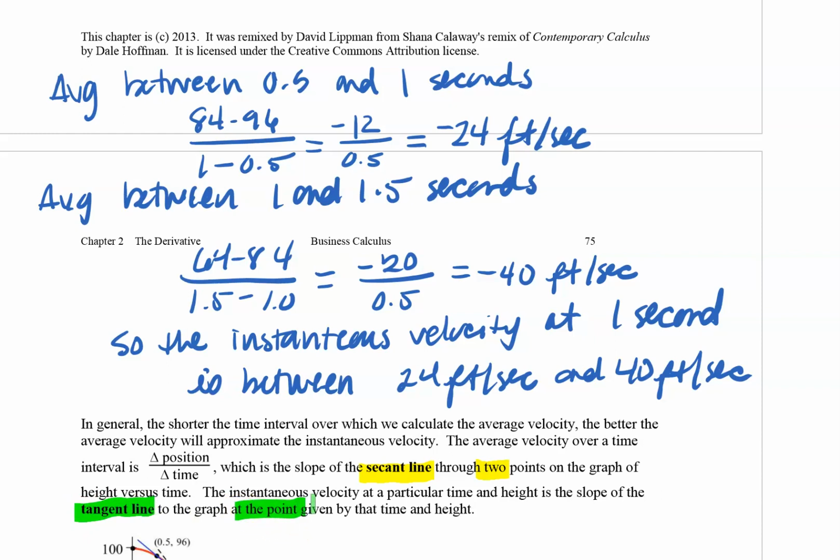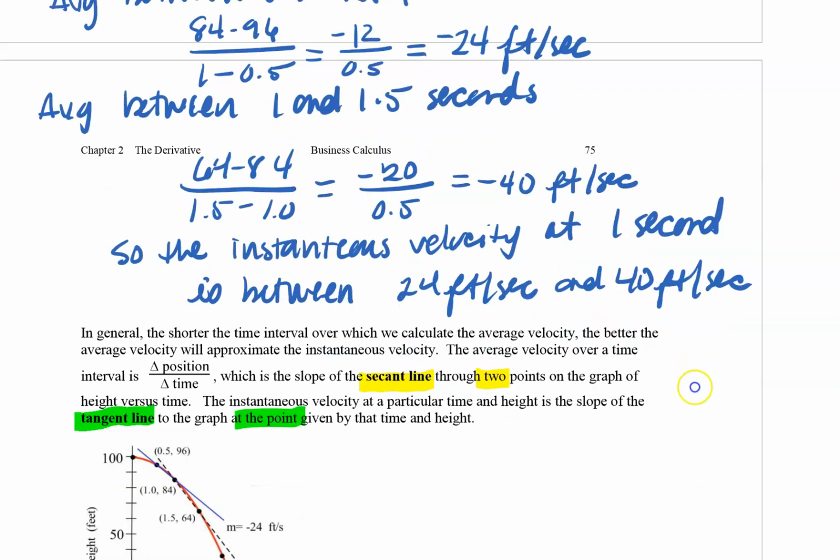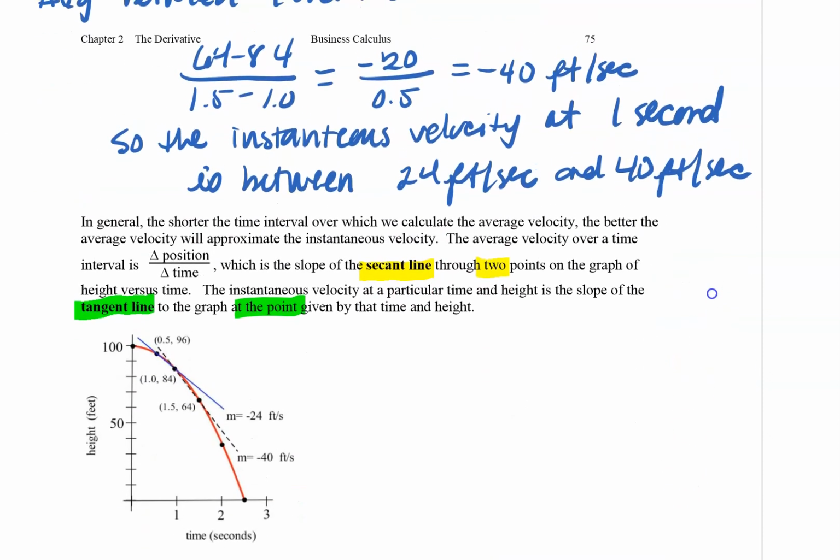And so let's dive into that, because that's where we're going to really see the concept that we're moving closer and closer into. Here's a graph with just the curved red line, and it's working with our data from the table from earlier, dropping the tomato and looking at the speeds.